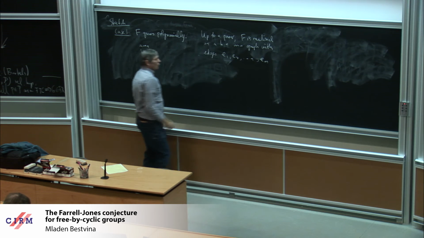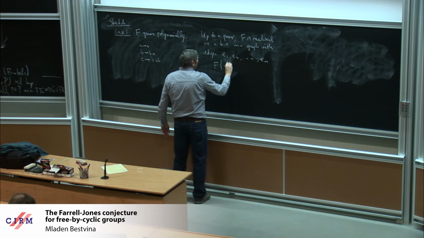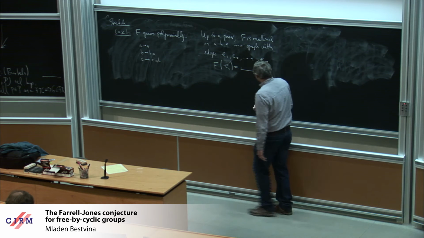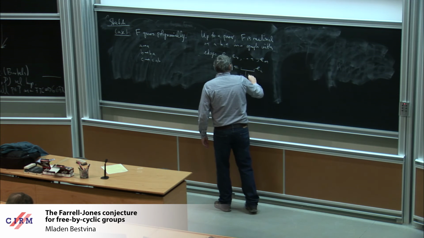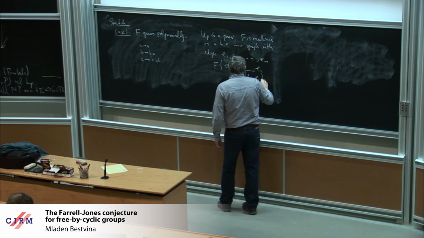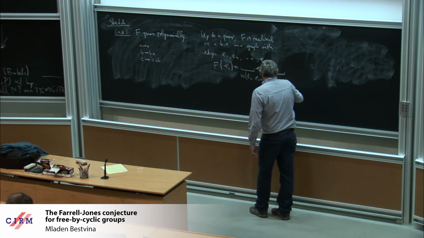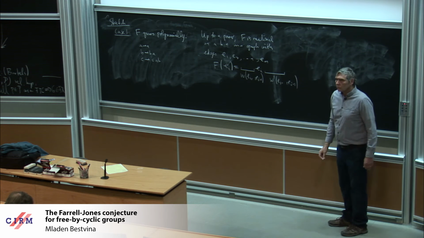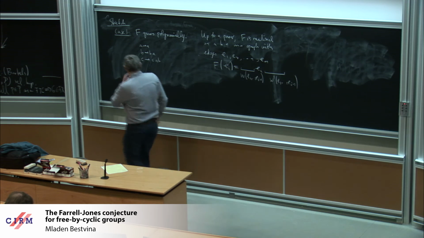So there's an ordering of the edges, so that f of EI is equal to: there's an EI in the middle, and then you have some word in E1 through EI minus 1 on one side, and on the other side some other word in E1 through EI minus 1. So it's like an upper triangular matrix.